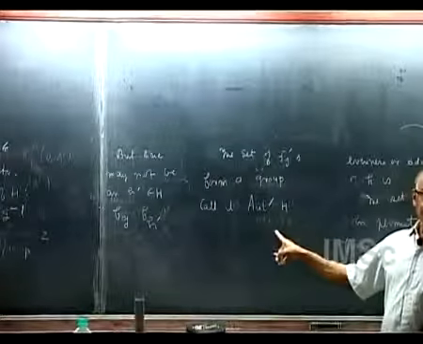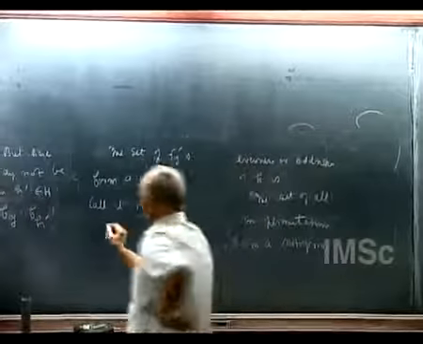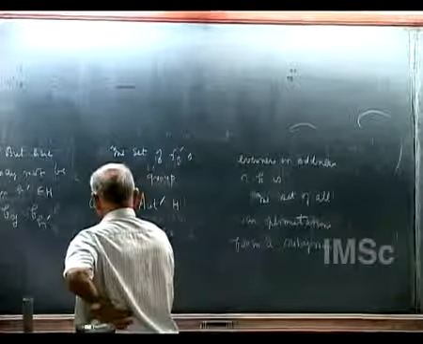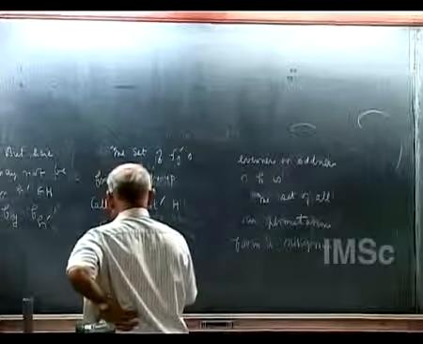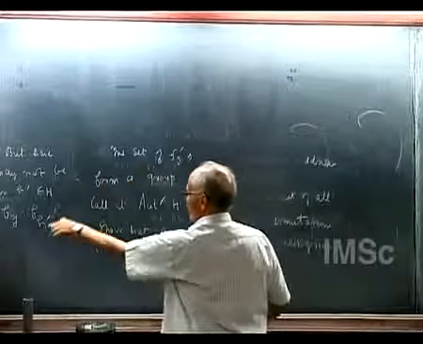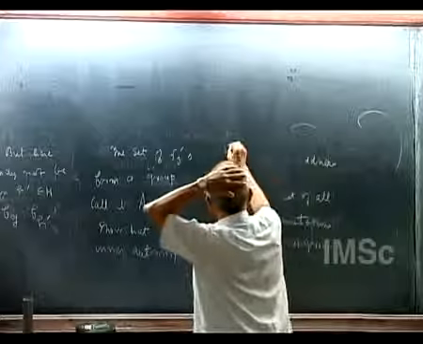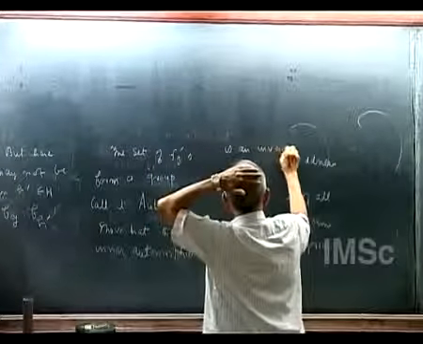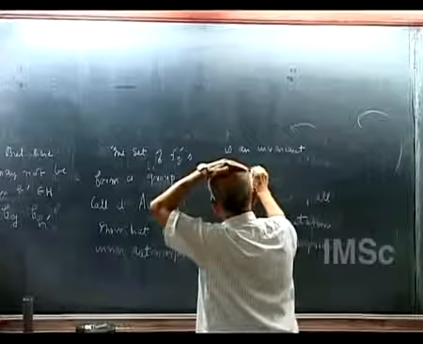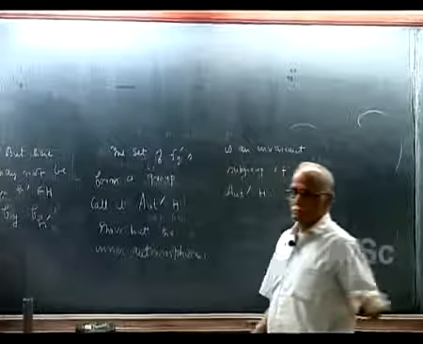Show that the inner automorphisms, which you remember are the ones created by the H's, form an invariant subgroup of this set, automorphism prime of H. This is an easy proof.